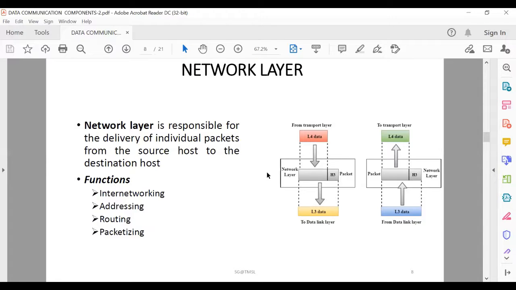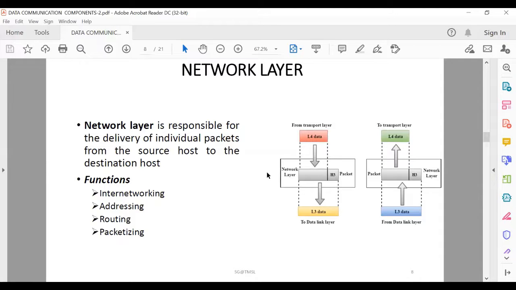So it is responsible for routing and forwarding the packets. The protocols used to route the network traffic are known as network layer protocols.